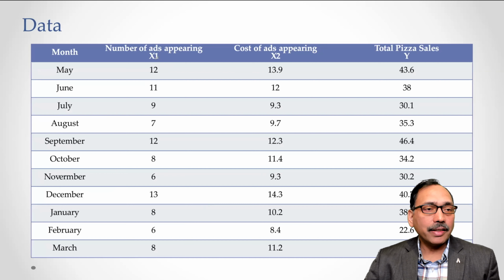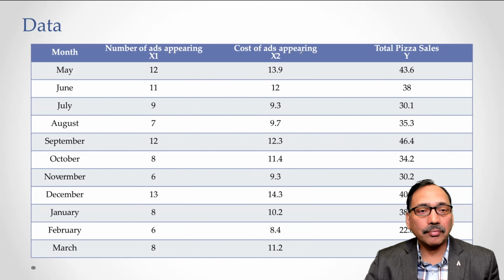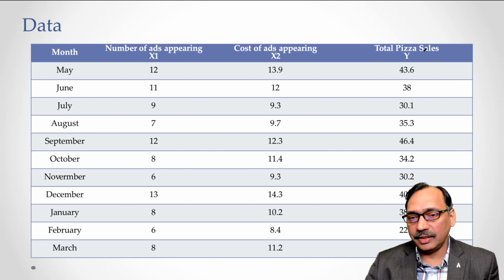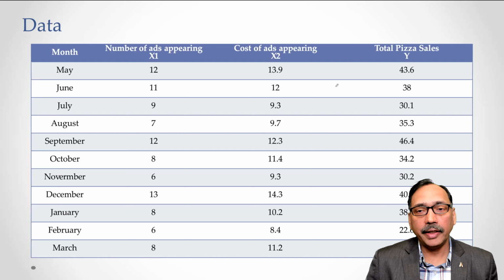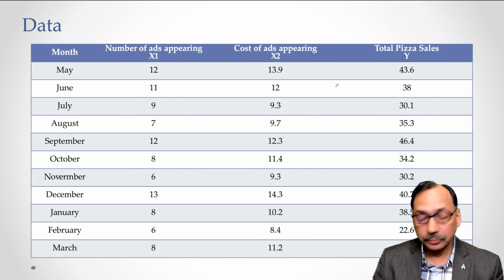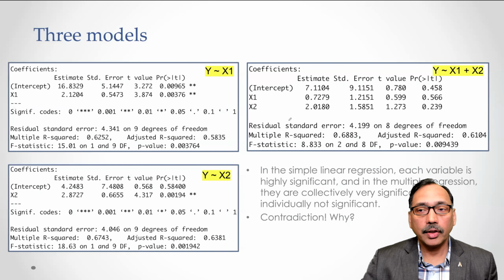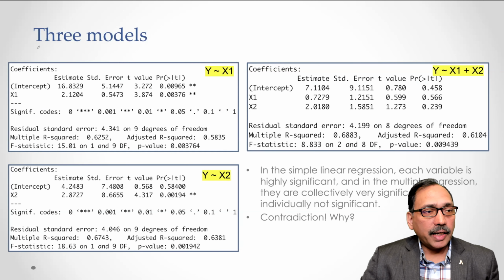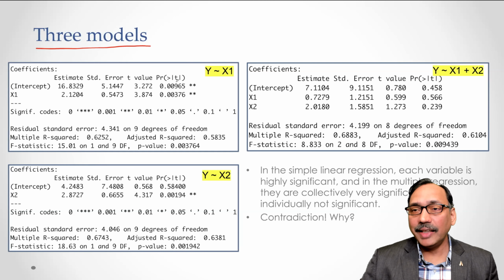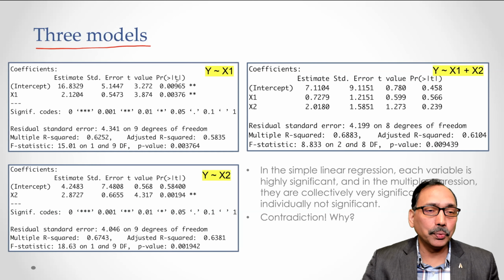where variable x1 is the number of ads, x2 is the cost of ads, and y is total sales. So very easy, we can fit a model y as a function of x1 plus x2. Now what I did here was I created three separate models, and the idea is basically to highlight the problem of multicollinearity.